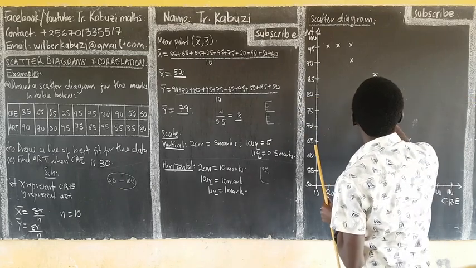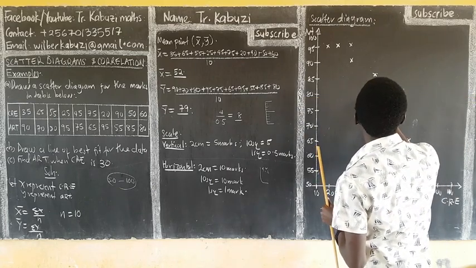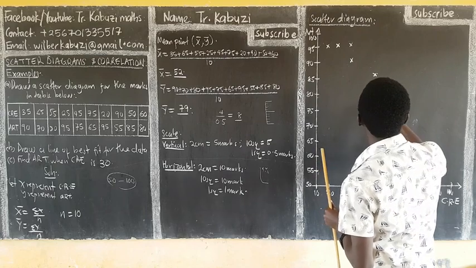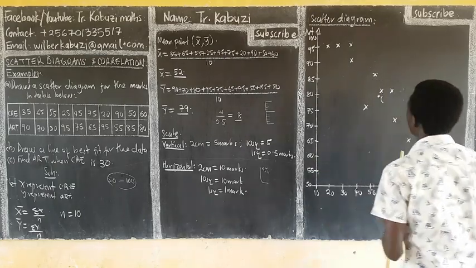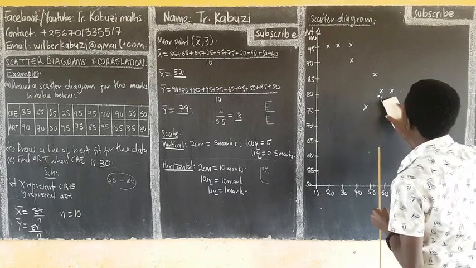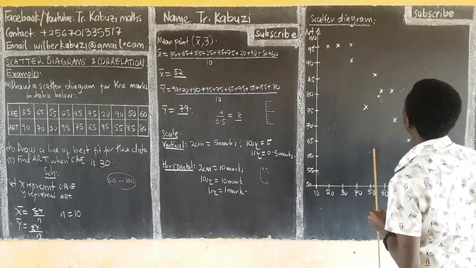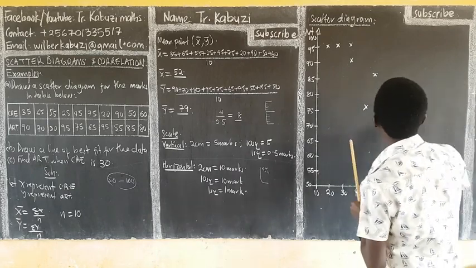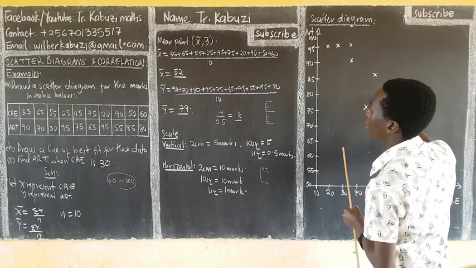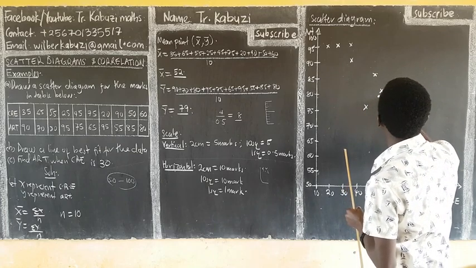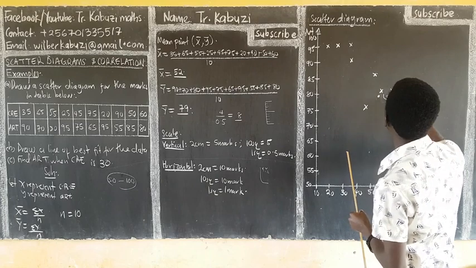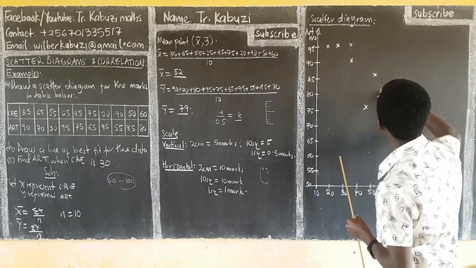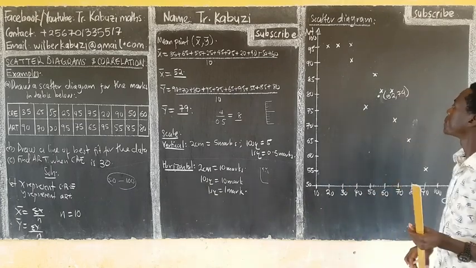So this is that. So I'm going to put a dot there. Now you name it. It's going to be my 52, 79, the mean point.